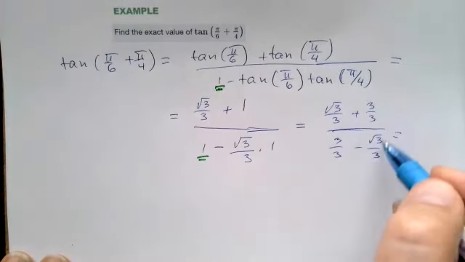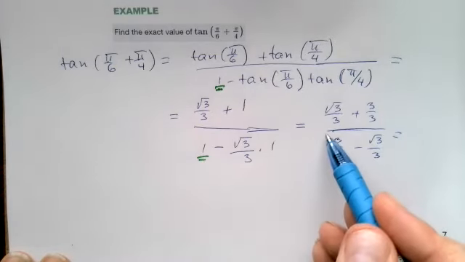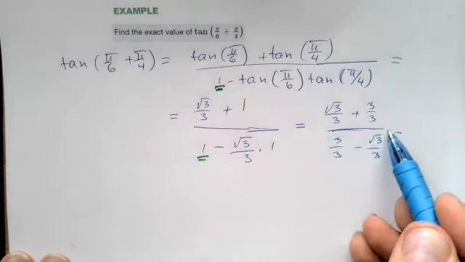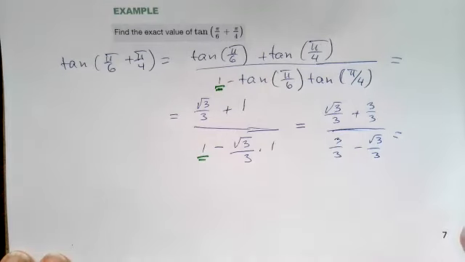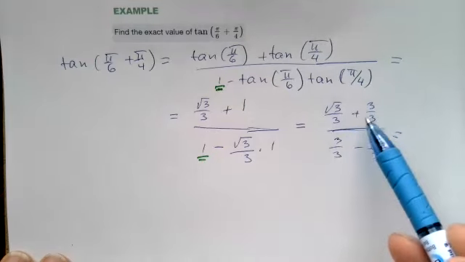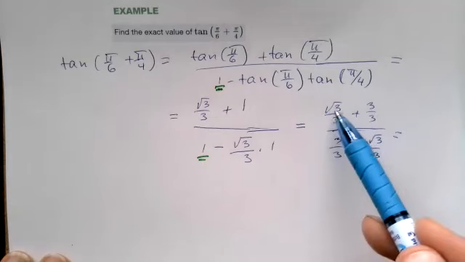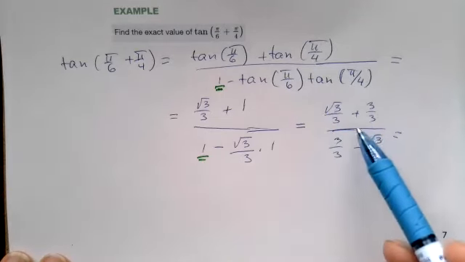So I have one fraction divided by another fraction. So I'm going to just rewrite it. I'm going to turn the fraction into a division because that's what it represents, right? But as I combine the numerator and the denominator into one fraction, here I'm going to have square root of 3 plus 3 over 3.